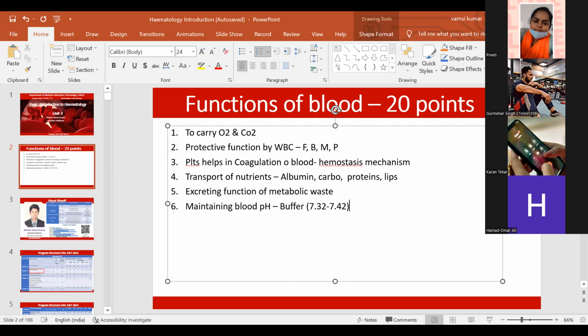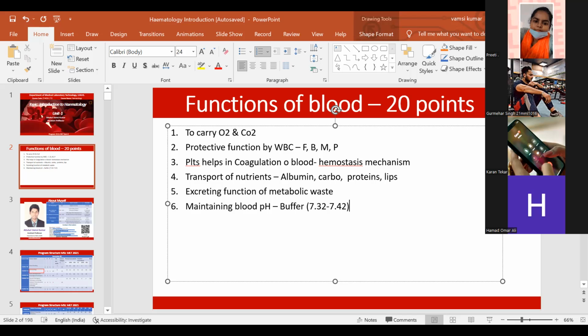You just alter blood pH to 6 and the patient will die immediately. Spontaneously, the patient will die if you alter the blood pH. So maintaining the pH is very important. The vitality of life is critically dependent on the blood pH. If blood pH is altered, it means game over, the patient will die.